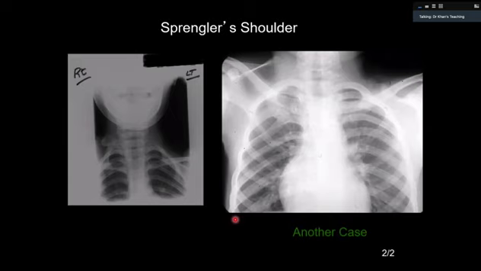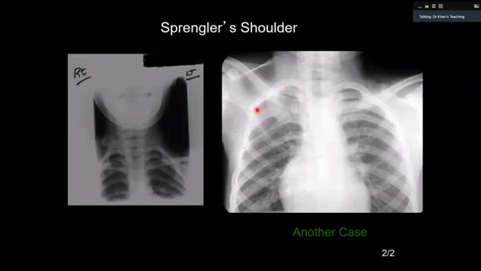It's a high riding scapula. This scapula is smaller than usual and has an equilateral type of configuration. Many times, this scapula, particularly the medial border, is connected to the spine with a bone known as the omovertebral bone. Not in this case, by the way, it's not there.